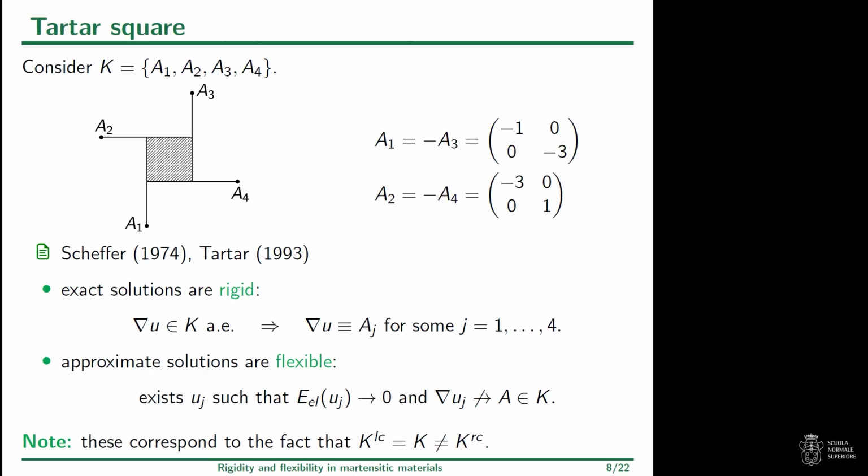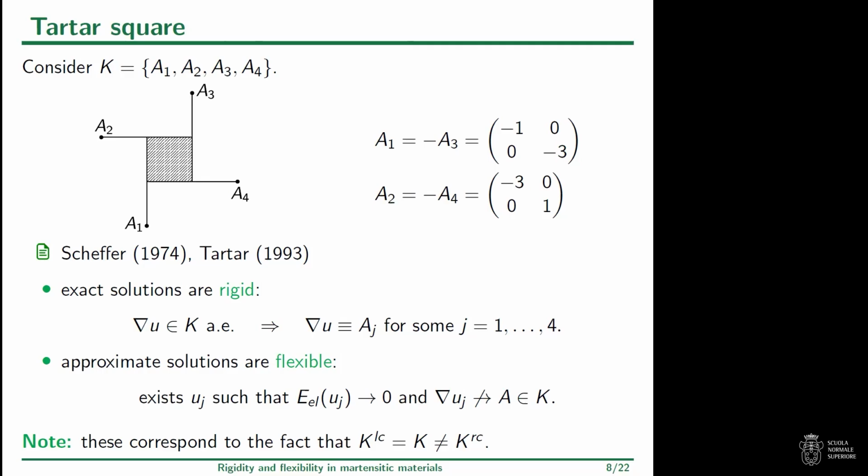It is rigid in the sense of exact solutions: the solutions to the differential inclusion are only affine matrices, so you have only one class of solutions, constant gradient. But it is flexible in the sense of approximate solutions: you have a lot of minimizing sequences, sequences whose elastic energy goes to 0.